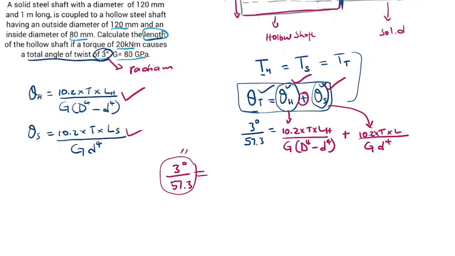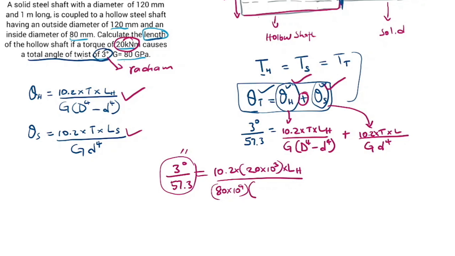So proceed. Equal to 10.2, the torque is the same throughout, times the torque. This is the torque. It is 20 times 10 to exponent 3. Then the length, that is the length that we are looking for, divided by modulus of rigidity, which is 80 times 10 to exponent 9.